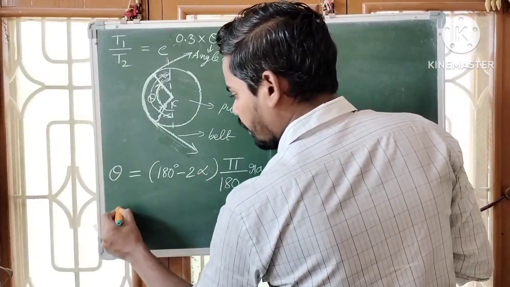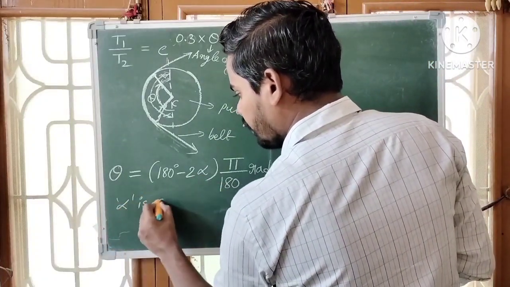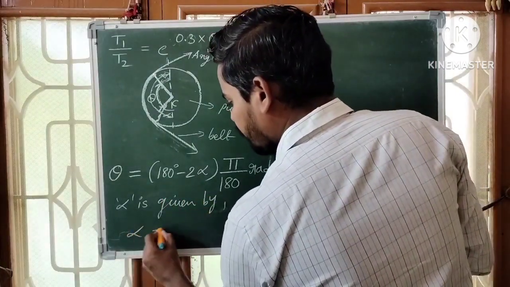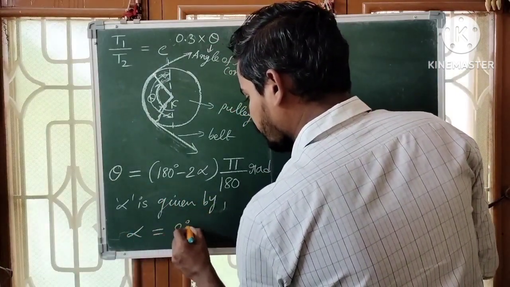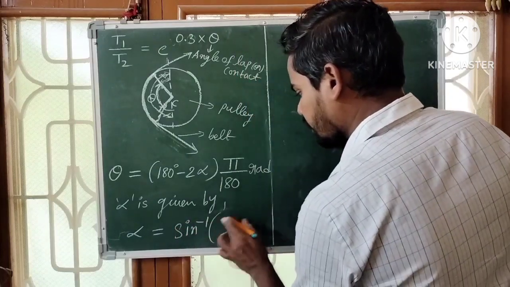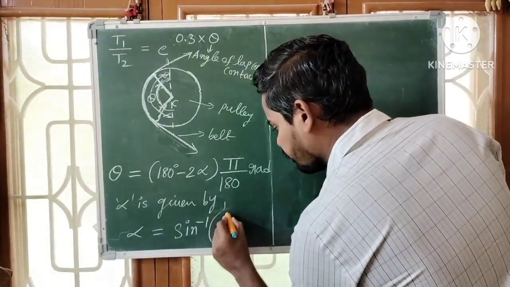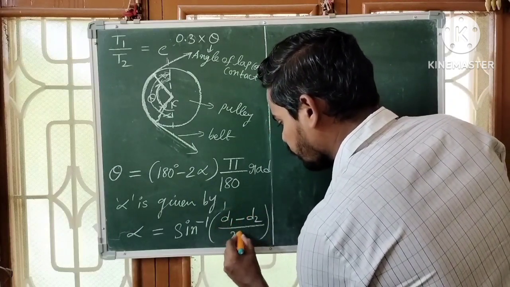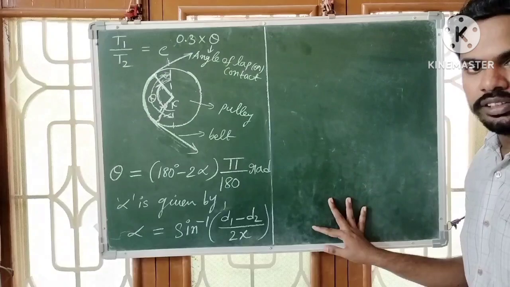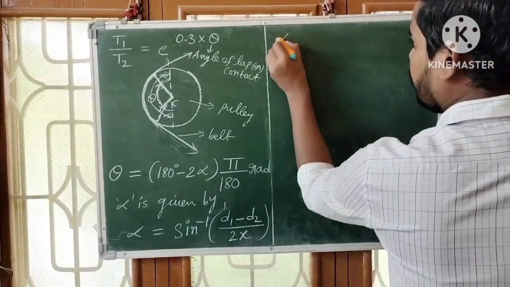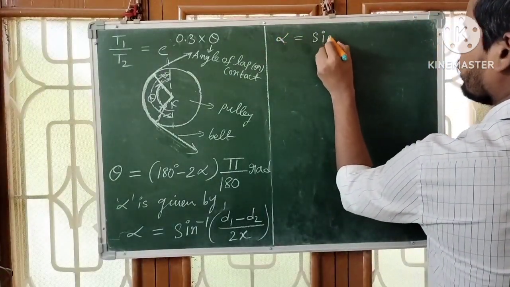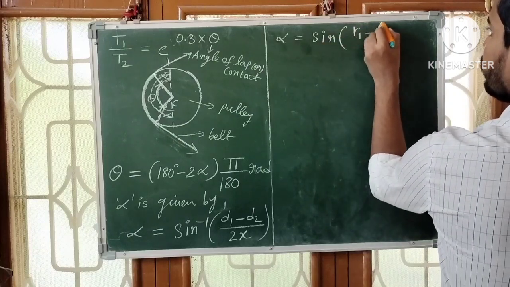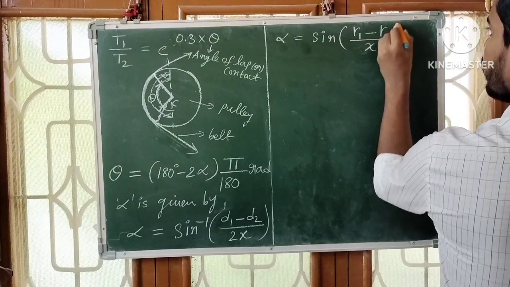Here alpha is equal to sine inverse of (d1 minus d2) by 2x, or one more formula is there, in terms of radii: sine inverse of (r1 minus r2) by x.